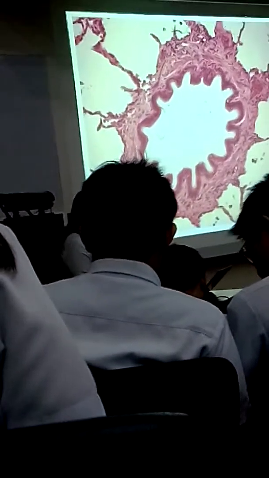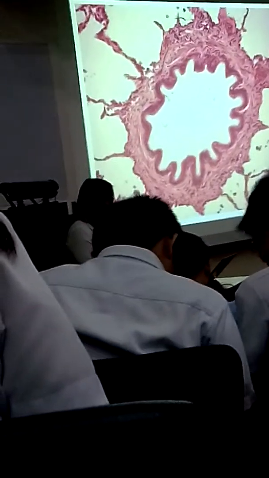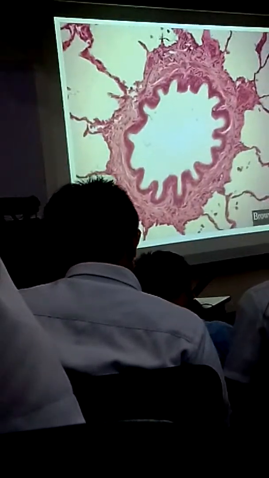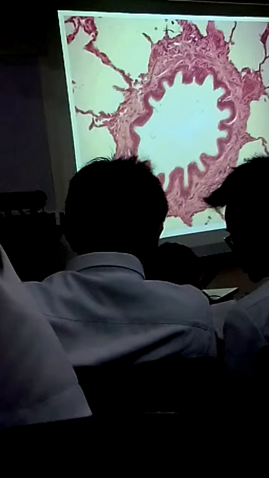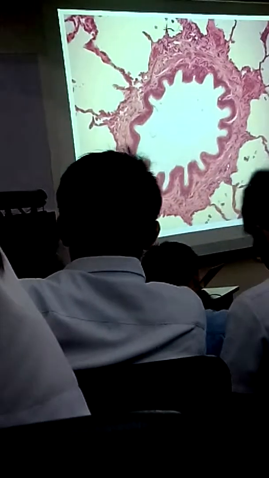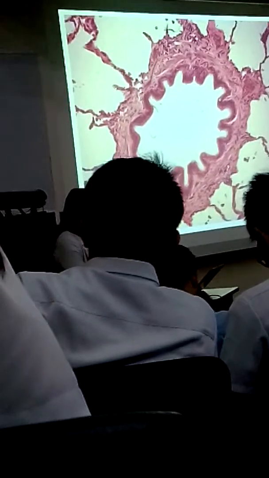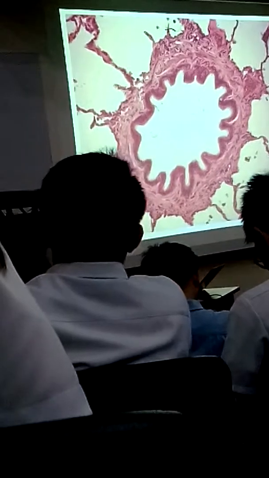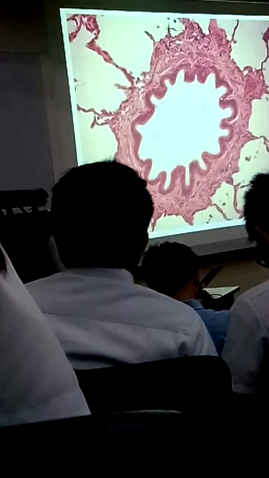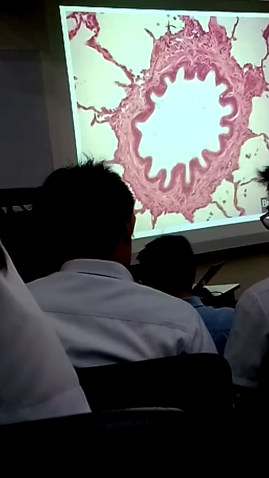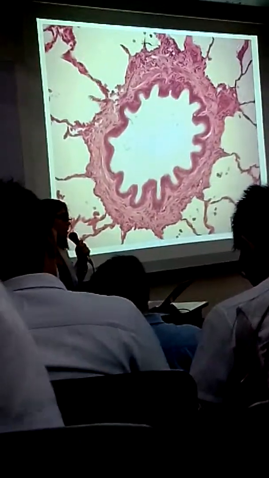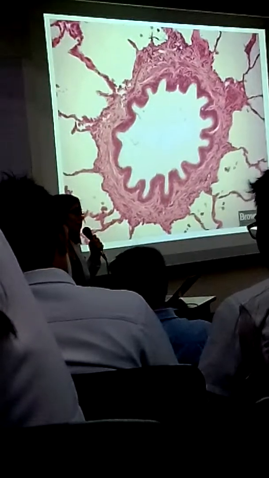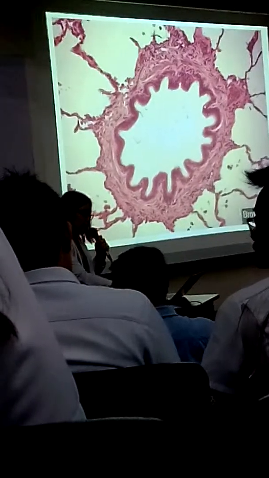So, after it branches into the bronchiole, there is such a thing as your pulmonary acini. What is this? What is a pulmonary acinus? It is composed of a terminal bronchiole plus your respiratory bronchioles.